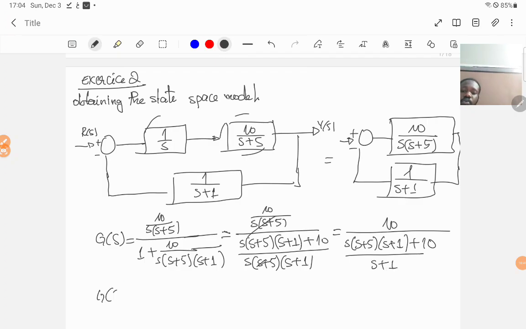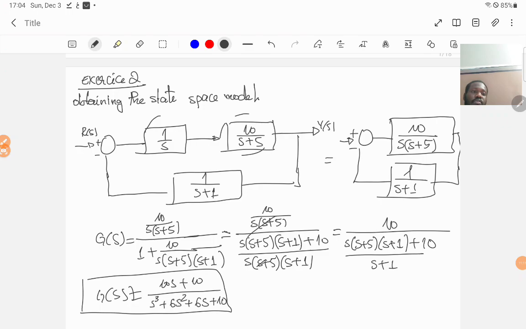So this s plus 1 will move to the denominator, so the equation will be 10s plus 10 over s cubed plus 6s square plus 6s plus 10. So that is our G transfer function.